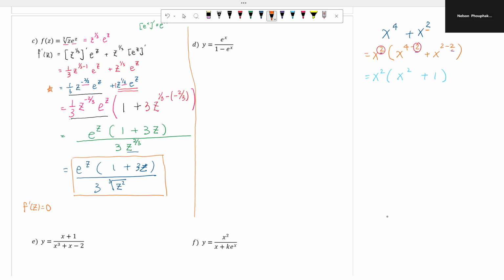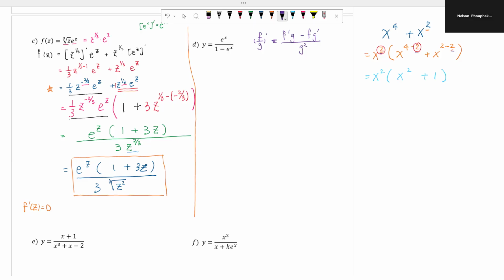Now let's see how we work with a quotient. We have to apply the quotient rule. Remember, the quotient rule is f over g, then I will have f prime g minus f g prime over g squared.